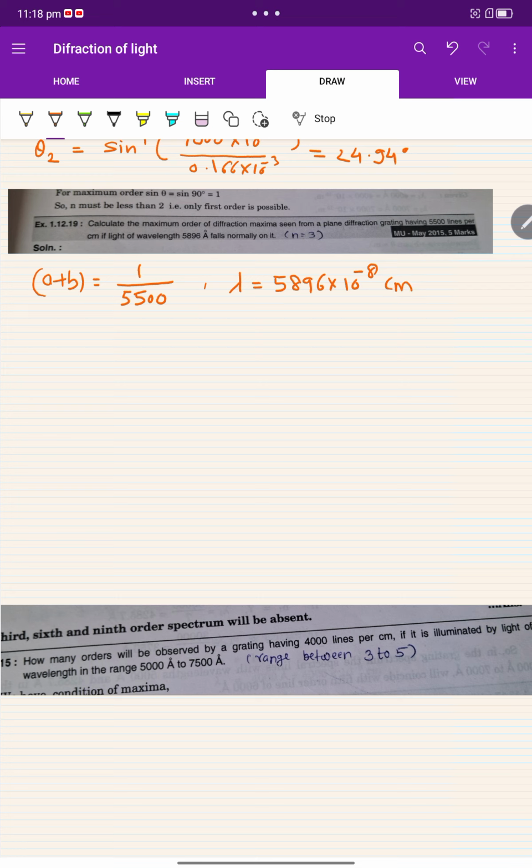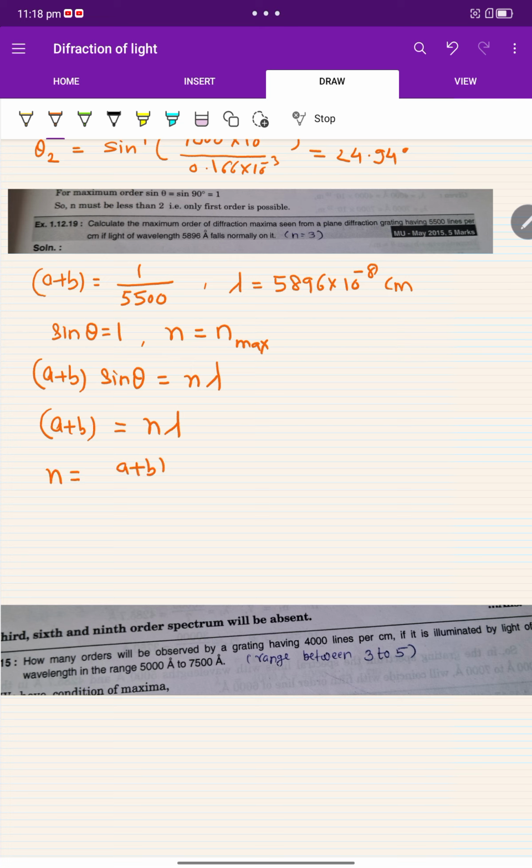Now for maximum order, we take sine theta as 1. Therefore grating formula becomes A plus B sine theta is equal to n lambda, or A plus B equals n lambda, or n equals A plus B divided by wavelength.